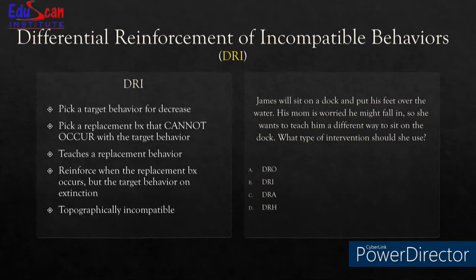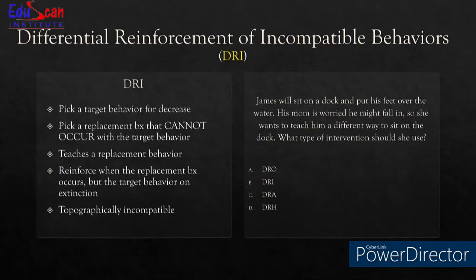In other words, they are topographically incompatible. Remember, topographically incompatible behavior. So the minute you pick a target behavior which you want to decrease in anyone, you also have to ensure that a replacement behavior that cannot occur with that target behavior is also identified.